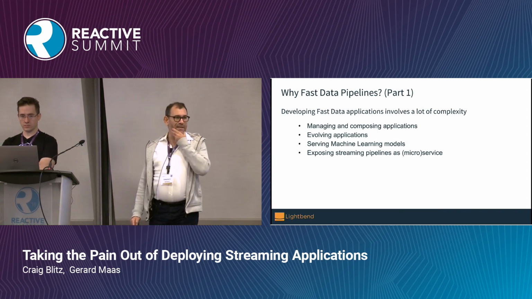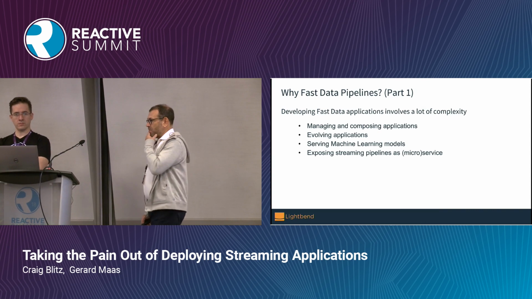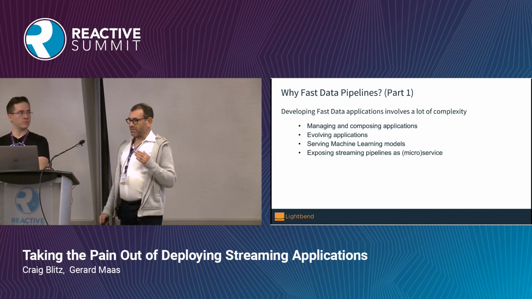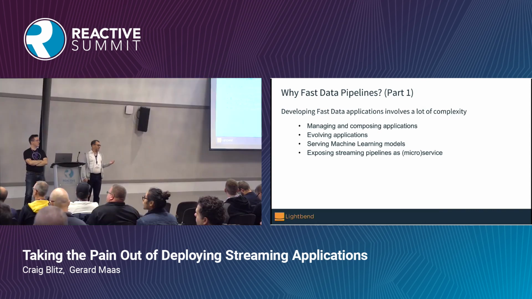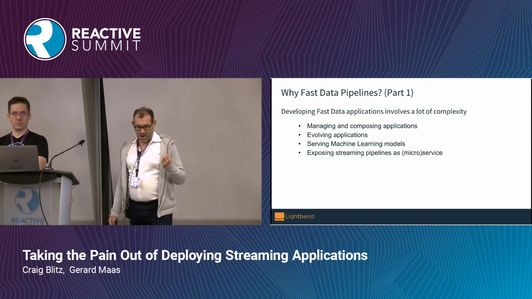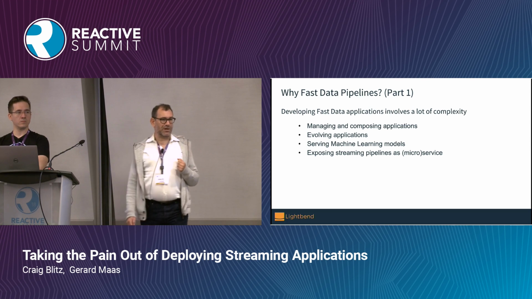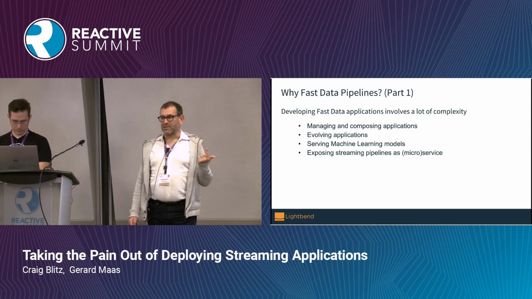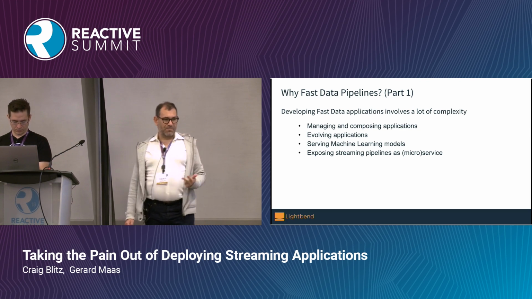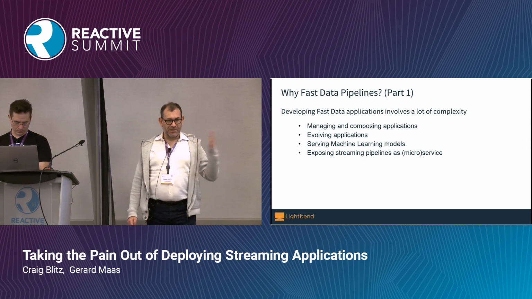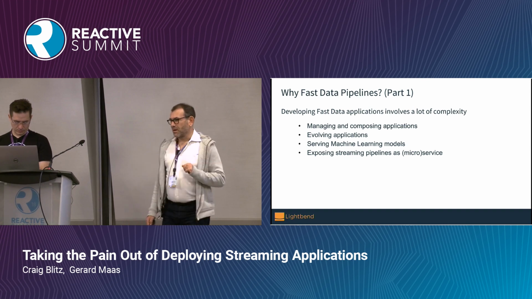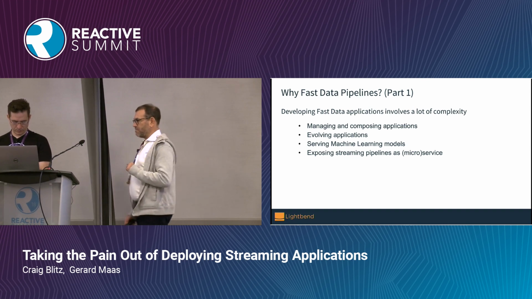So why fast data pipelines? Why are we doing this? Well, for one, we want to be able to manage and compose applications that comprise lots of moving parts. We want to be able to evolve those applications. These applications aren't static. Schema changes, requirements change. Even just during the development cycle, you want to be able to rapidly upgrade your application.